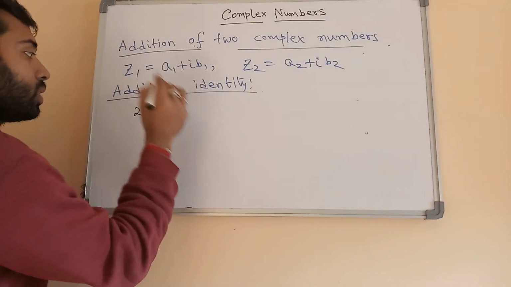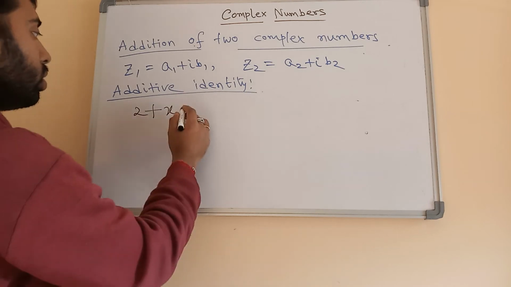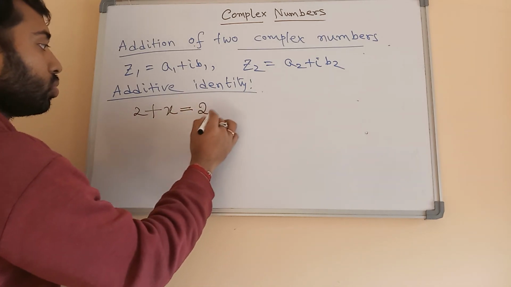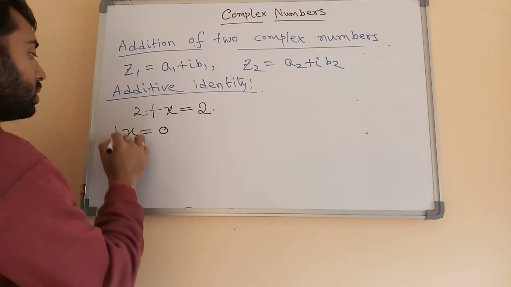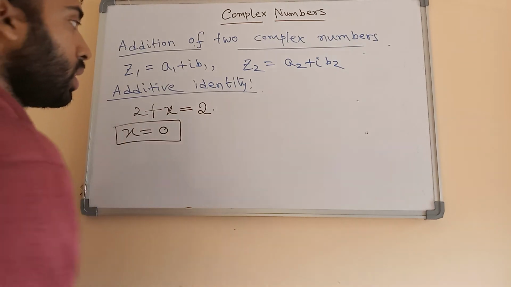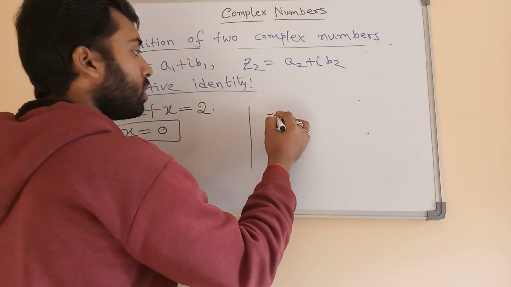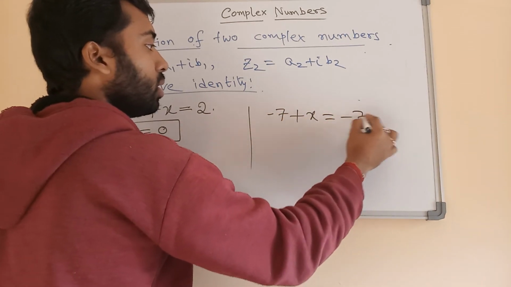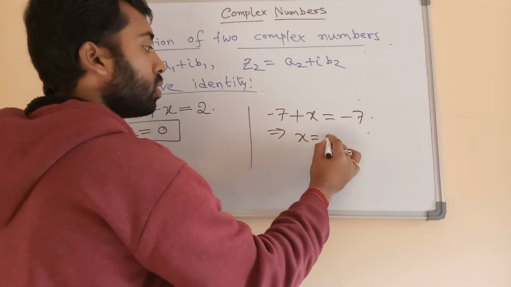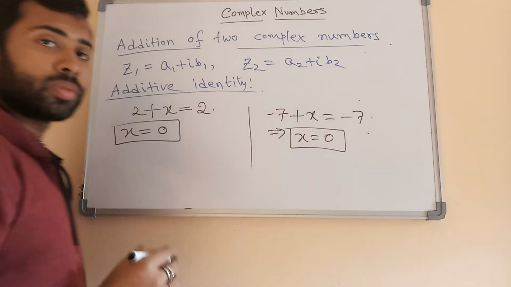What should be added with 2 to get 2 again? This is very easy. The value is 0. Suppose I have the number -7 plus x. This will again give the value -7. So the value of x is 0.